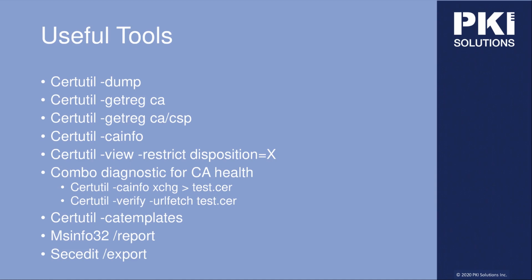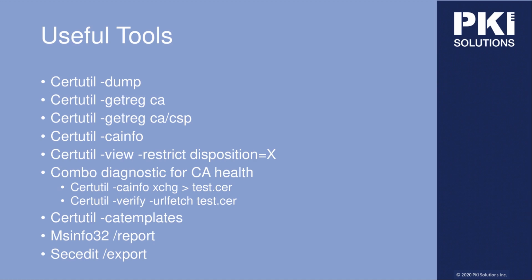If you want to find out about the CA algorithms that are being used, the CA\CSP registry key will get that for you. So the getreg CA\CSP. You can get overall summary details on your CA configuration with Certutil -CAinfo. That'll dump a lot of the configuration details. Some of it is in the registry, some of it's pulling from other places.